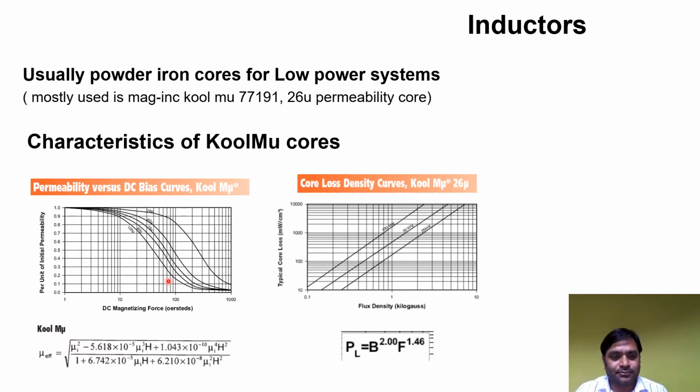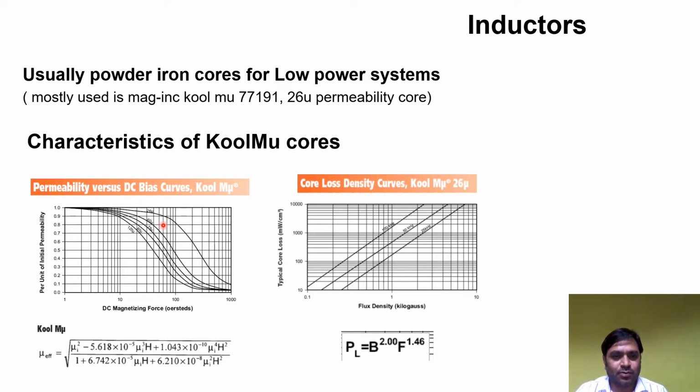This is a very important graph which shows the permeability versus the DC bias curve. So under different DC magnetizing force, which is basically H, how the permeability is changing.